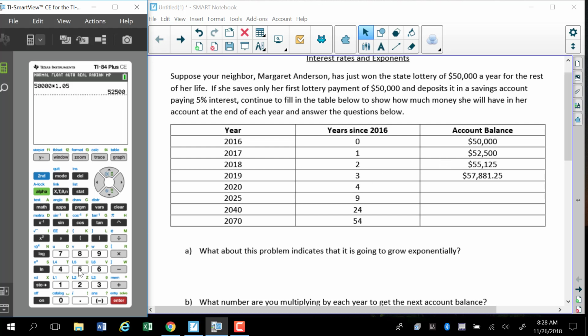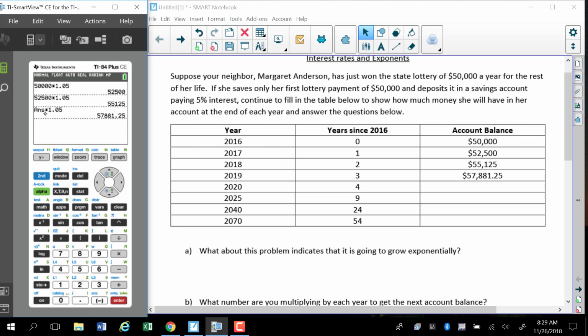Then again, you take the 52,500 at the end of the first year, multiply that by 1.05, and you get 55,125. Then again, if you take that, multiply by 1.05, you get this.